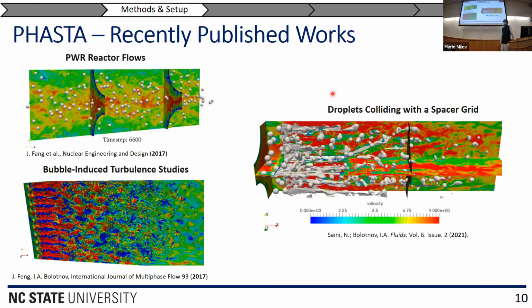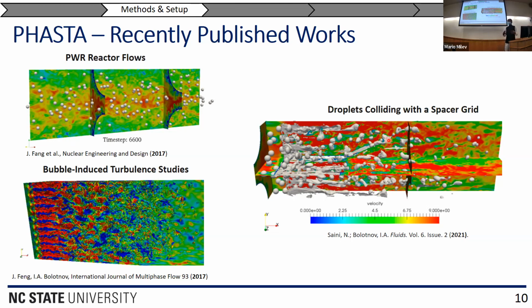So these are some examples of the work that's been done in the past using FASTA and in our group. These studies have been picked because they have some relevance to this project. So we've got a multitude of bubbles flowing in a liquid. These are droplets colliding into a spacer grid, so that's the resolution of an interface against a solid.